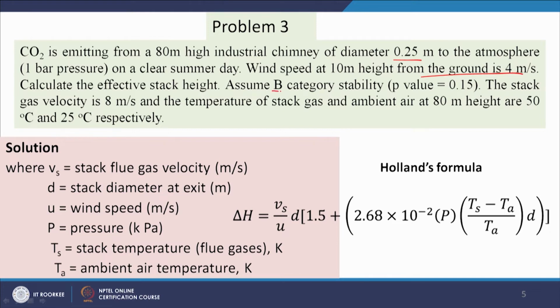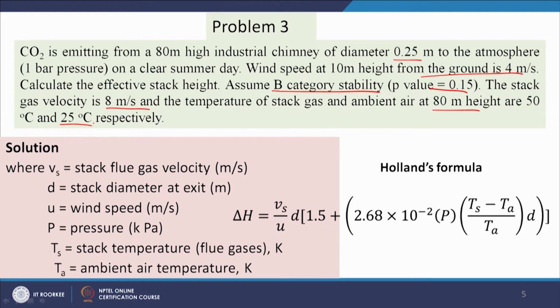Assume B category stability, P value is 0.15. The stack gas velocity is 8 meter per second and the temperature of stack gas and ambient air at 80 meter height are 50 degree centigrade and 25 degree centigrade respectively. So, these are the given conditions. So, we have to calculate the stack height.